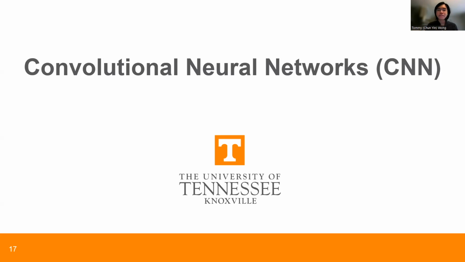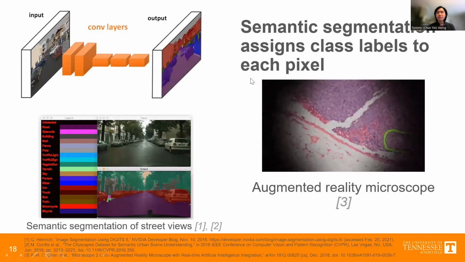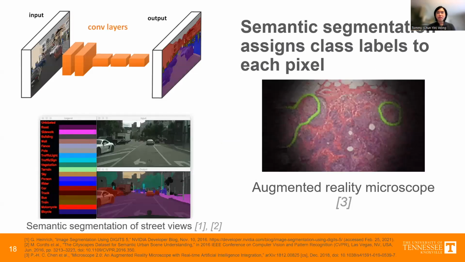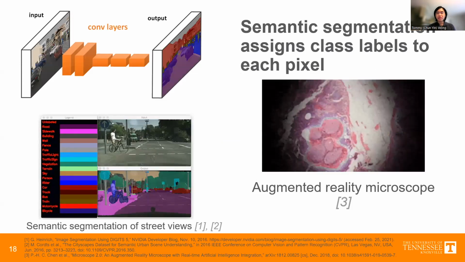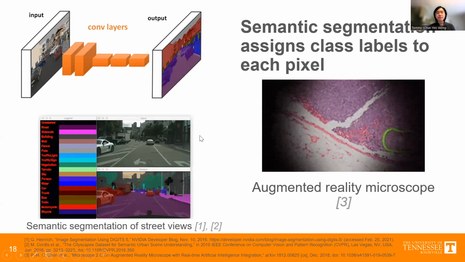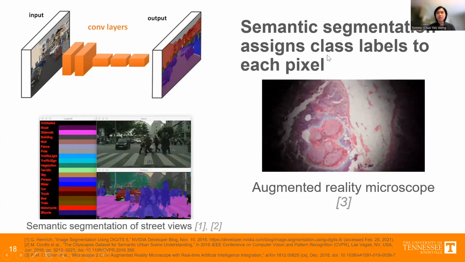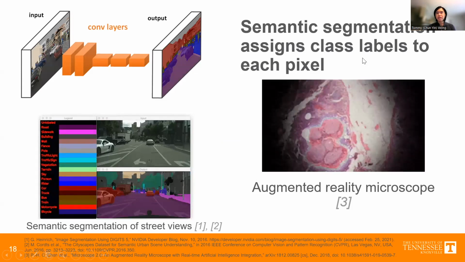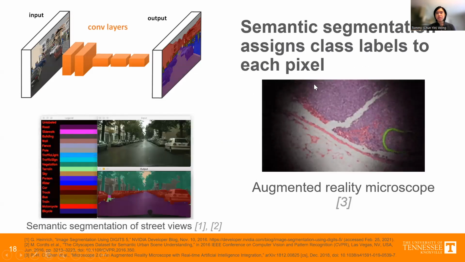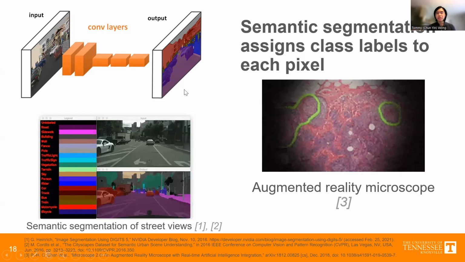But they're interchangeable for the most part. And so just a quick reminder of what semantic segmentation is, and showing just a quick example of what could be done in different fields. Semantic segmentation simply assigns a class label to each pixel, and semantic segmentation specifically applies to the entire image.